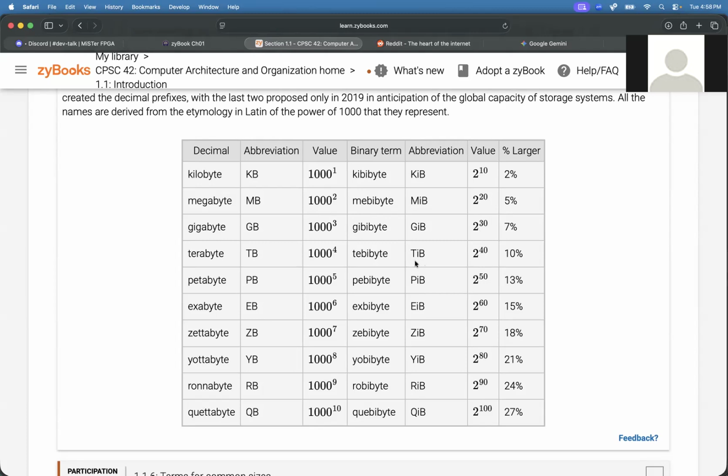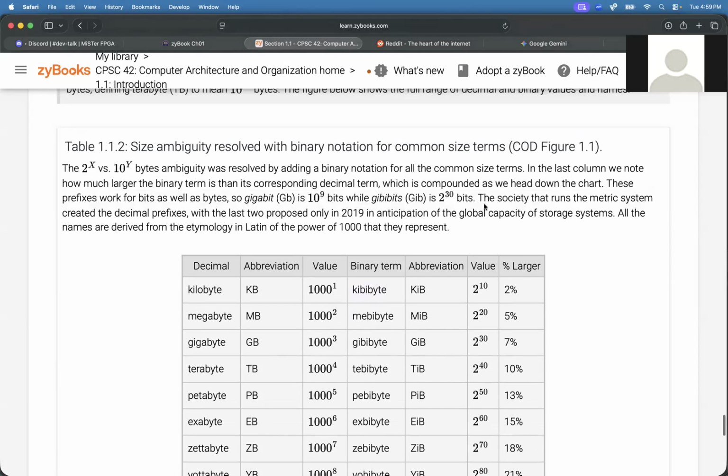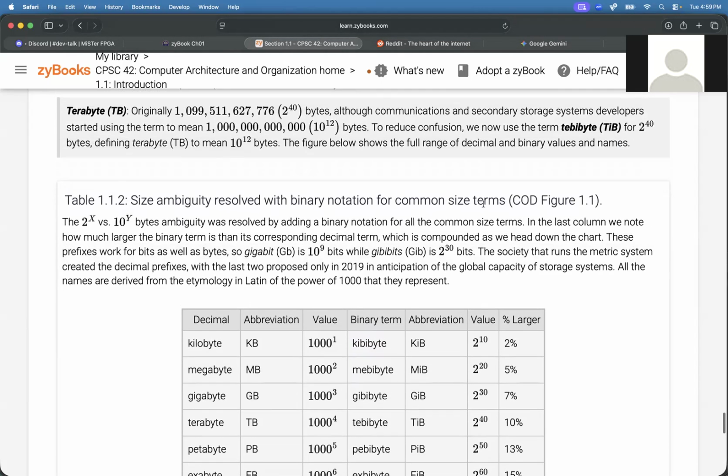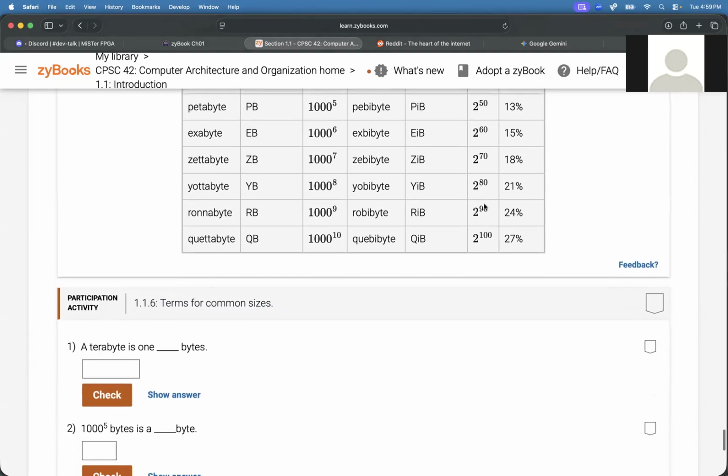You would hope if you were buying a terabyte that it was 2 to the 40th, but you don't get 2 to the 40th, you get 1,000 to the fourth. So when you buy the hard drive, it says 4 terabytes because they're measuring this way. And then when you format the hard drive on your computer, you get like 10% less capacity because your computer measures it this way. So there are prefixes that are base 10 and prefixes that are base 2, and you should just be aware that those exist. Although people don't really differentiate in real life.